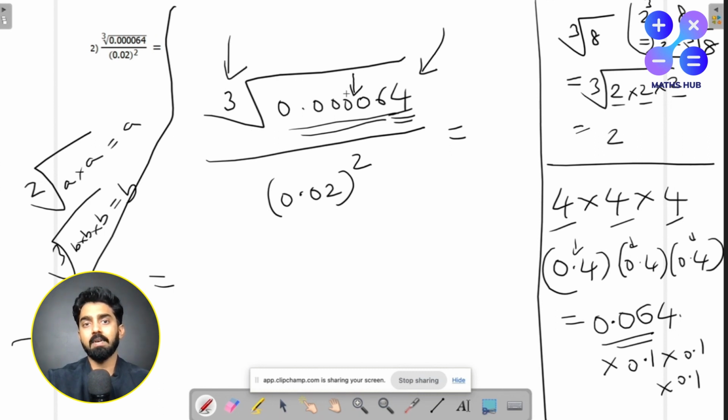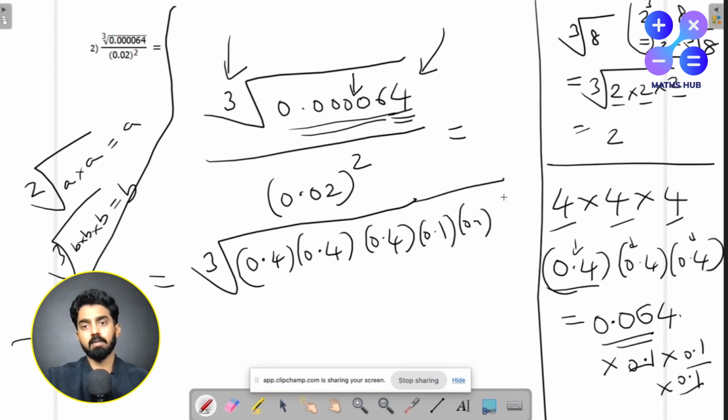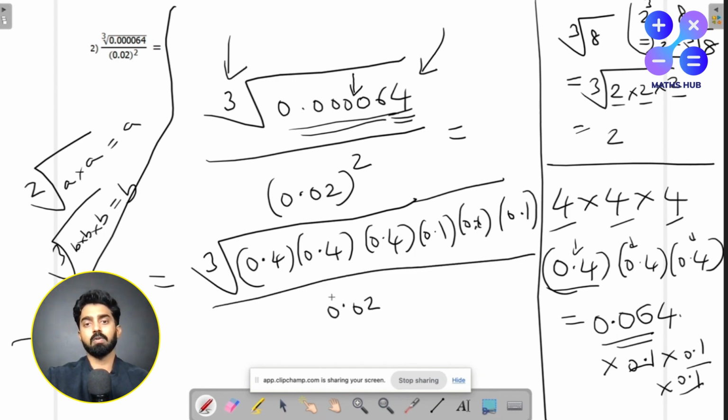If we need to have it 3 more times, 1, 2 and 3, we need to have further 0.1, 0.1 and 0.1. So we could have the cube root of 0.4 times 0.4 times 0.4 times 0.1 times 0.1 times 0.1 and divide that by 0.02 square.